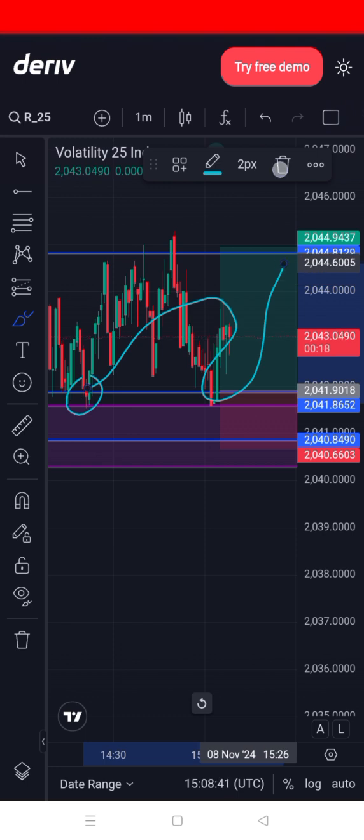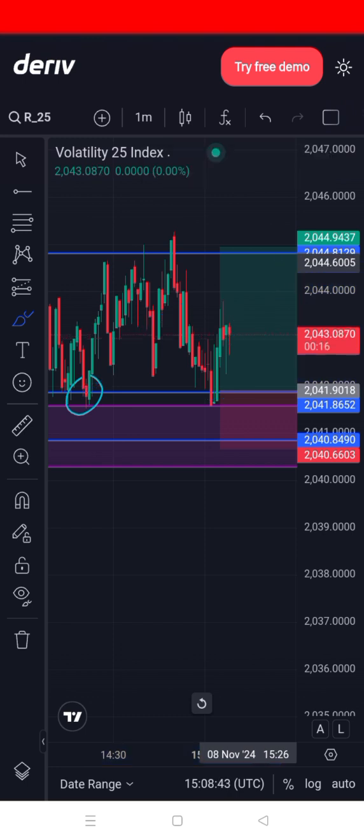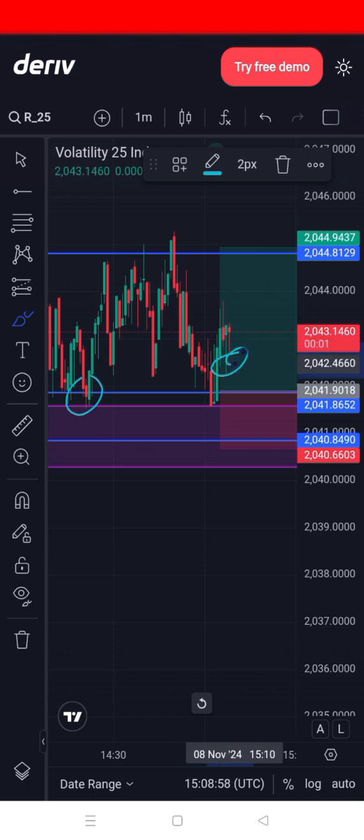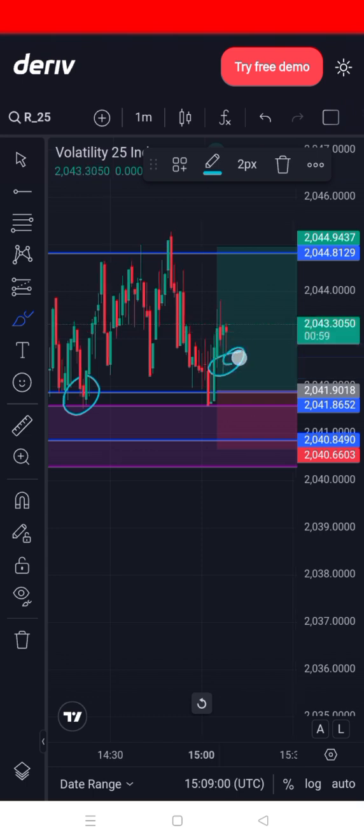So we are clear that now we are going up, we have no worries. Then look at these points, we have reached that point, so that becomes a support on our 1 minute chart. You can see where I've drawn that the market has tapped that point, so definitely now we are shooting up.